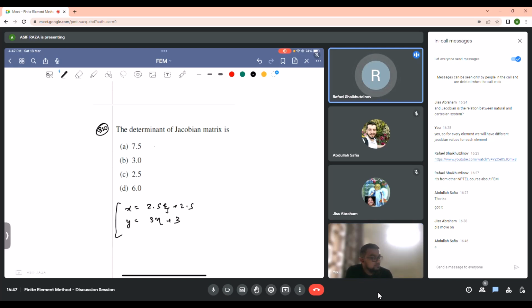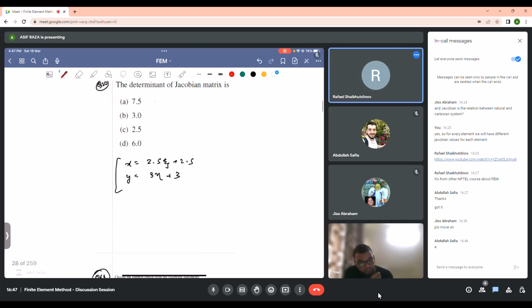My answer is A. Yes, the answer is option A. Let's see how it comes. The Jacobian matrix will have dou x by dou xi, dou x by dou eta, dou y by dou xi, dou y by dou eta.